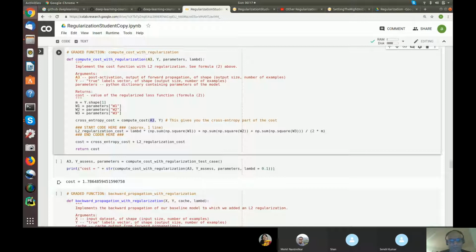And Y is the actual 1 or 0 label, the truth. So we send that in the cross entropy function, get the cost, we get the regularization cost, and we add these two up. That's your new cost function with regularization.